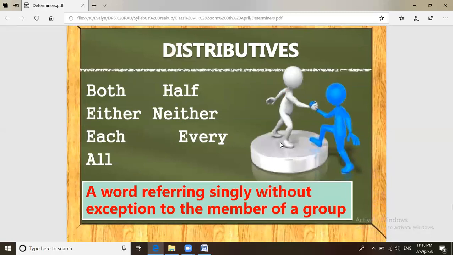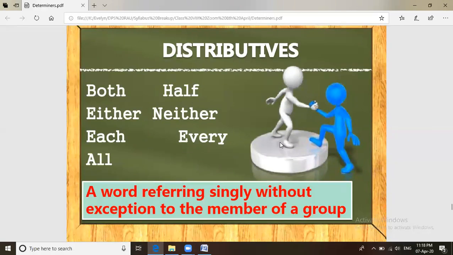Now we come to the distributives. The distributives are words that refer to a member of a group that you have in mind. For example, the group you have in mind is Jack and Jill. So you say, both Jack and Jill came down the hill. Both here is the distributive determiner.